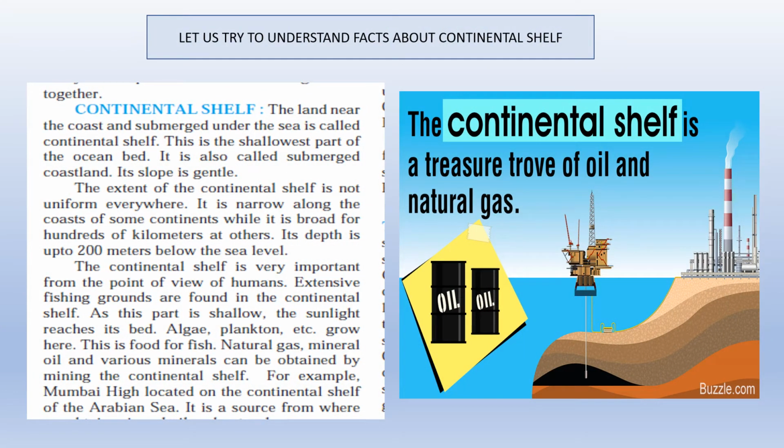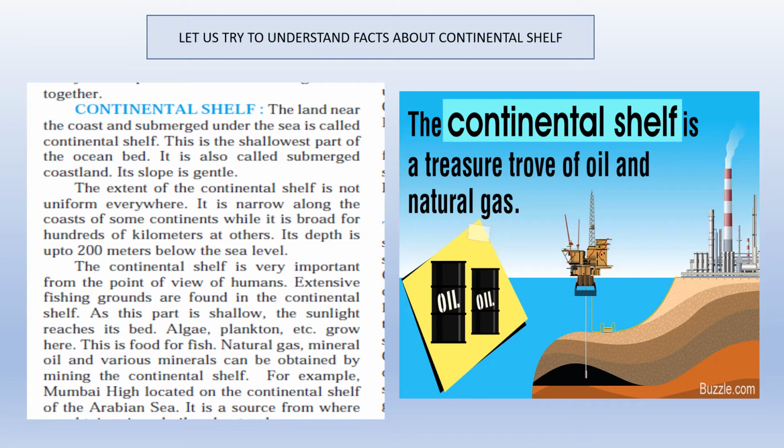The continental shelf is one of the most important. On the map here, we see that a large number of oil wells are drilled, and oil, one of the most important natural resources that keeps all of us moving from one place to another, is found on the continental shelf. The Bombay High is one such area near Bombay.